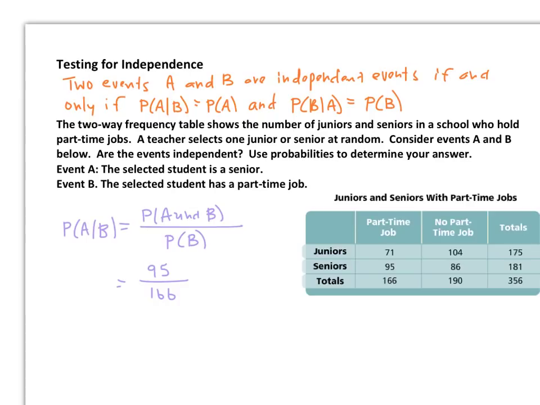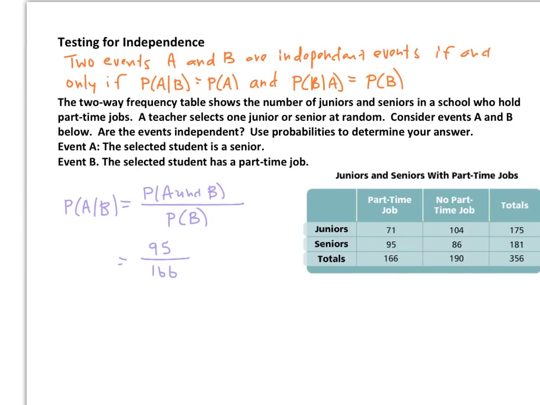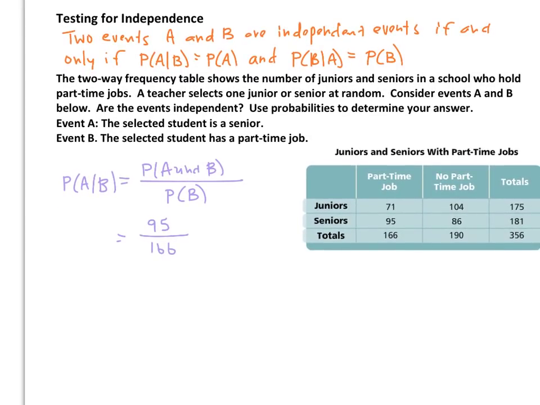And if these two events are going to be independent, then this here needs to be equal to the probability of A. So the probability the selected student is a senior. Okay? So let's look at our information. Well, how many seniors do we have?